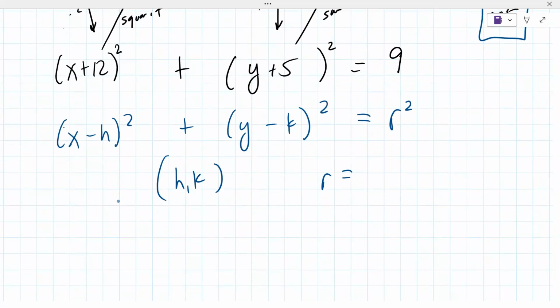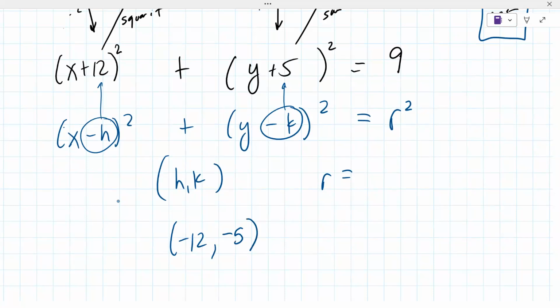So it's opposite in sign. You recognize it as the opposite of what's inside parentheses, which is what most students do. So it's actually negative 12, negative 5. Yeah, and then R squared equals 81, so R equals 9. You're taking the square root of both sides. Oh, oh, oh.